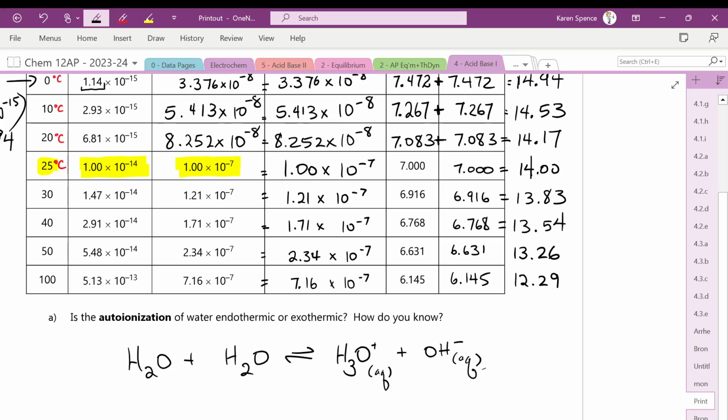All right, okay, endothermic means pOH is increasing. Therefore, it is shifting right. So in science, we try not to use the word it, you would say the system is shifting right.